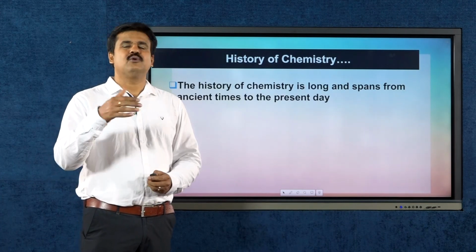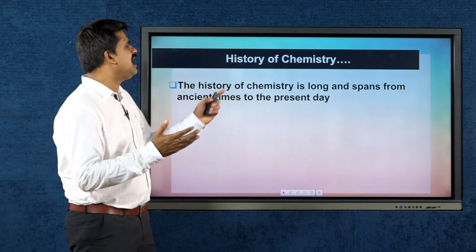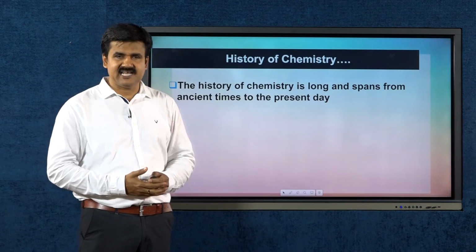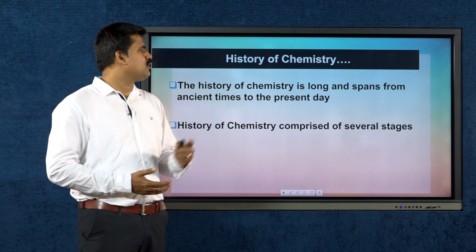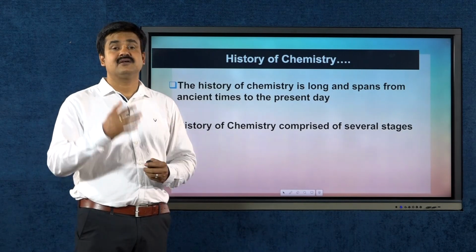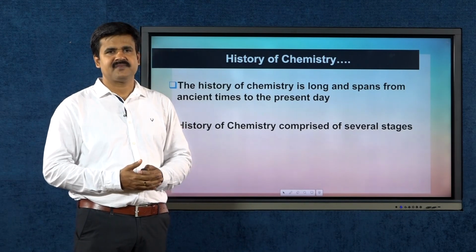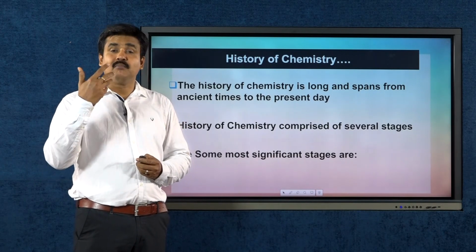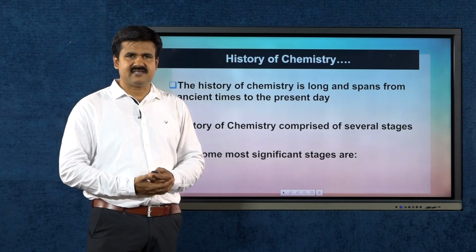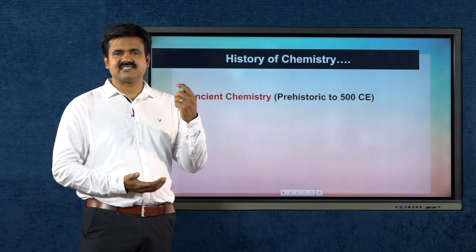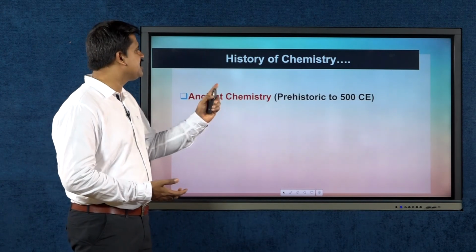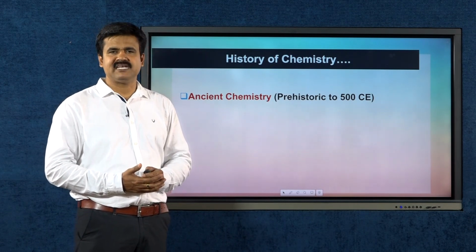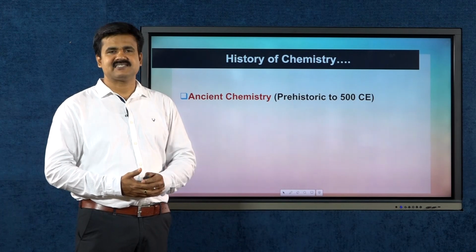The history of chemistry is long and spans from ancient times to the present day. The history of chemistry comprises many stages. We discuss some of the most significant stages here. The stages include ancient chemistry, that is the prehistoric period to 500 CE.